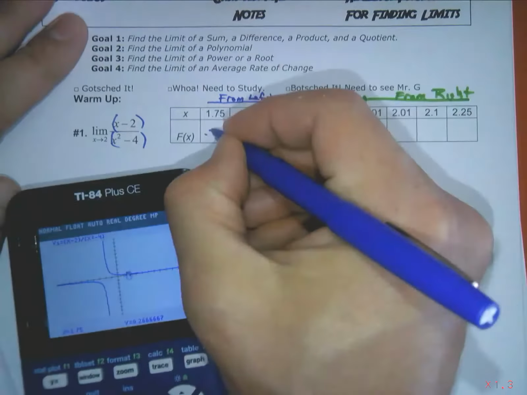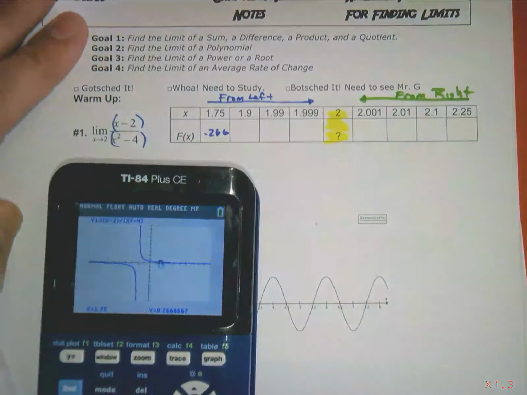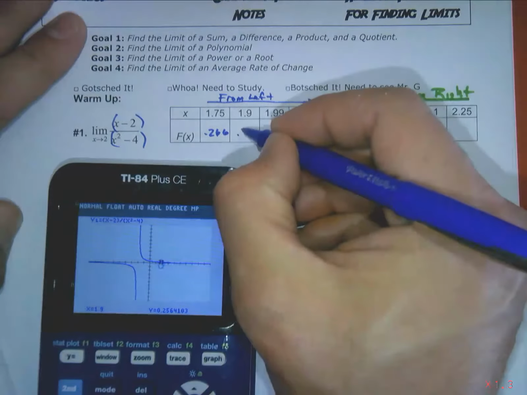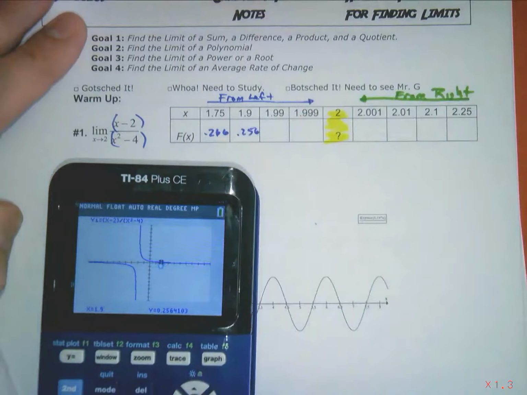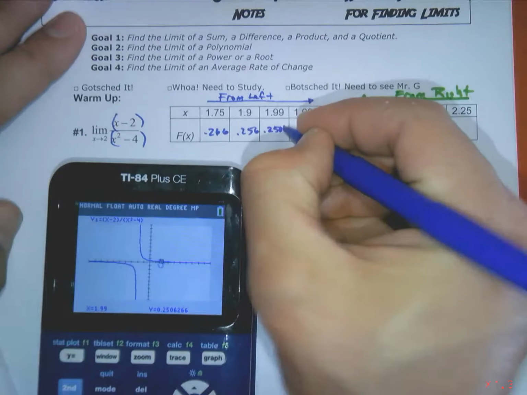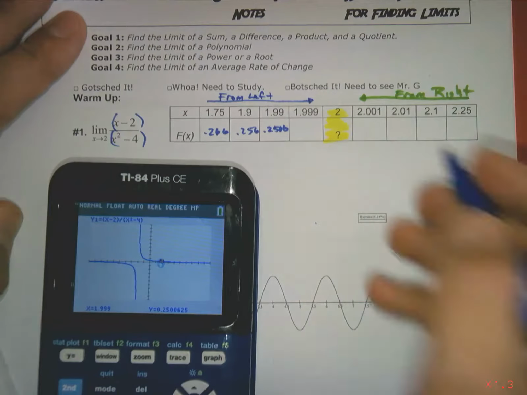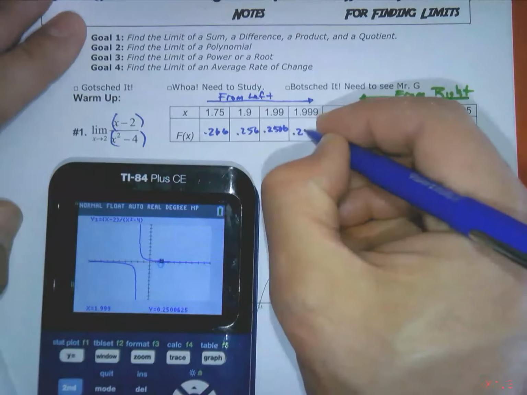That gives me 0.266 repeating. Then I'm going to type in 1.9. That gives me 0.256. Then 1.99 gives me 0.2506, and 1.999 gives me 0.2500.